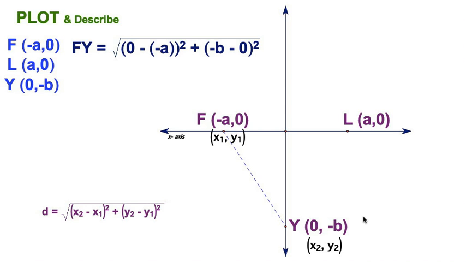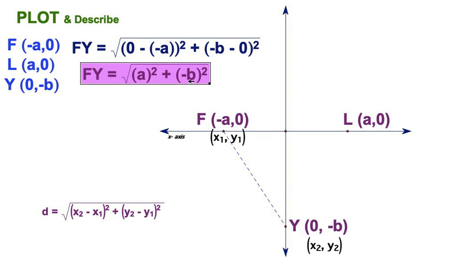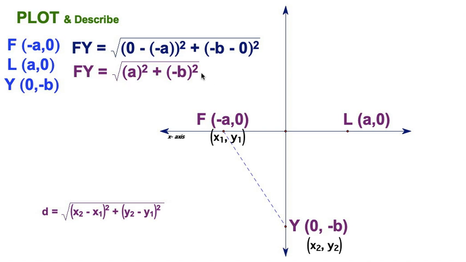So if we just follow the formula, 0 minus negative a, quantity squared, plus the opposite of b, minus 0, that quantity squared. When I simplify that, 0 minus negative a will be a squared, and negative b minus 0 is the opposite of b.